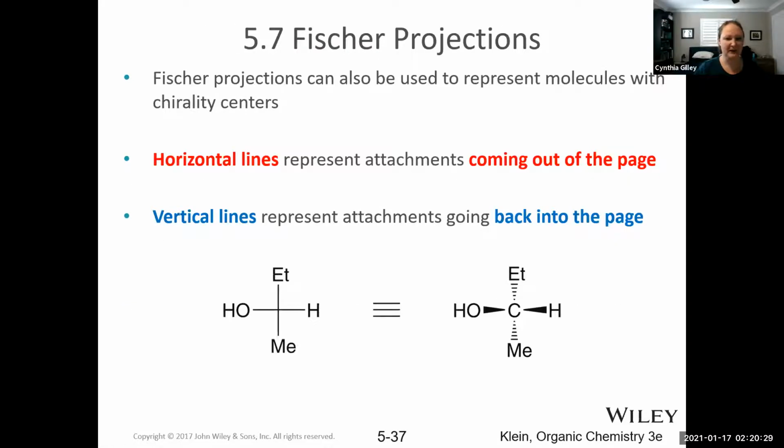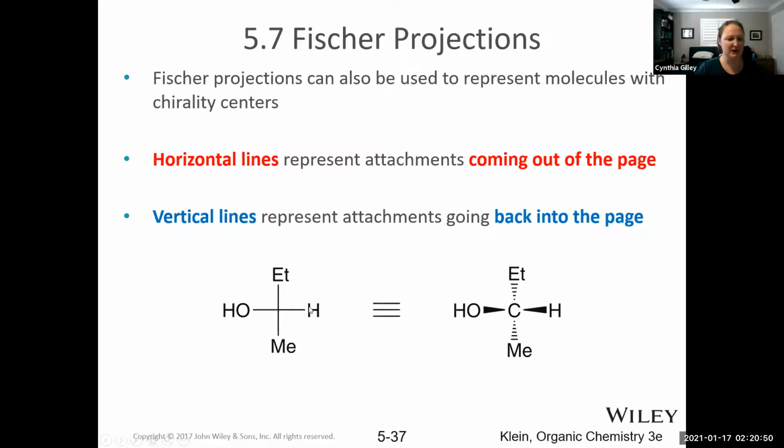Let's talk a little bit about Fischer projections. Fischer projections are a way to represent structures. They utilize a sort of cross for having 4 groups attached. The center carbon here is often a chiral center. It will be if there are 4 different groups attached.